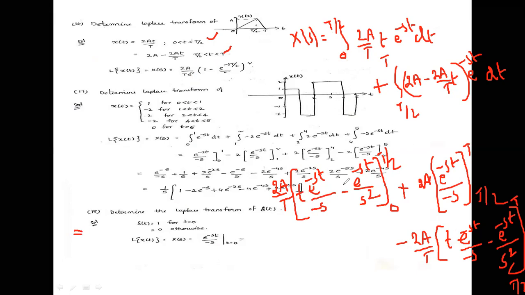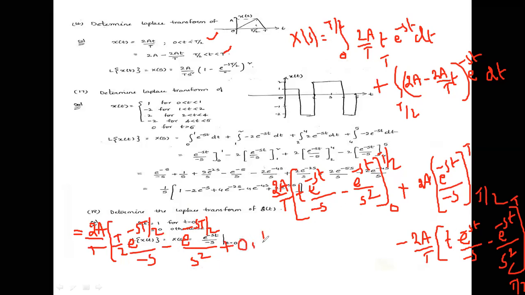Substitute the t by 2 in this term, 2a by t, t by 2, e power minus s t by 2 by minus s, minus e power minus s t by 2 by s square, and for 0, both are minus here, it becomes a plus, 0 and 1 by s square. Got it?